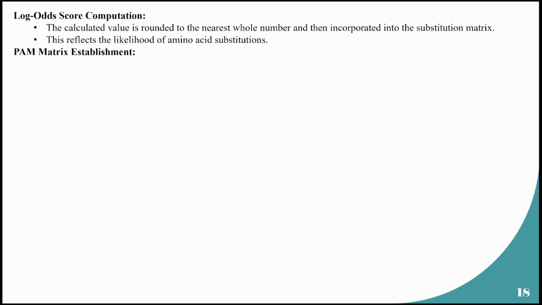So then again you can get a parallel comparison: if you are going for PAM 250, then in general that would make sense for distantly related sequences, right? Relatively, of course, the value for same amino acid to same amino acid will get lowered, whereas the value for same versus different amino acid will get higher in any subsequent matrix multiplication, right?